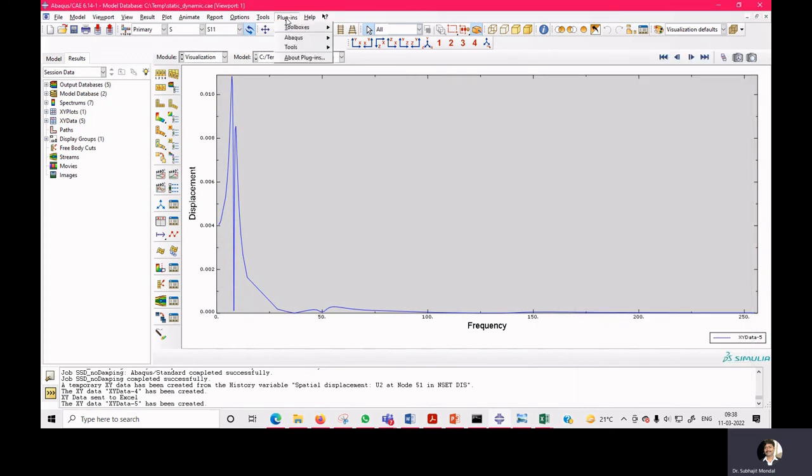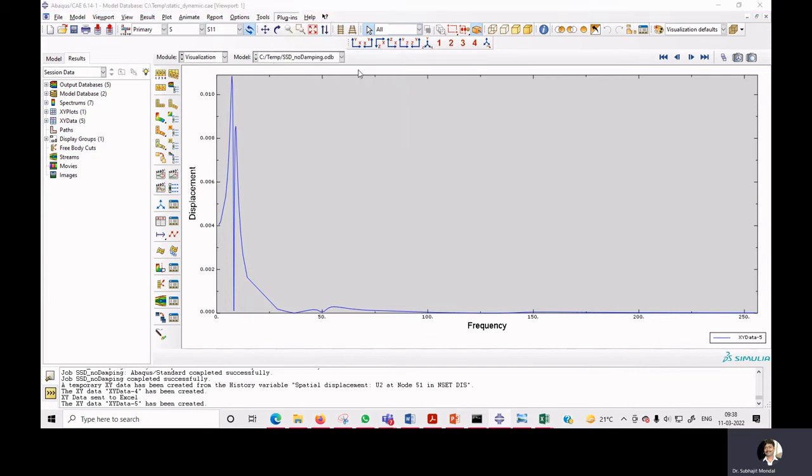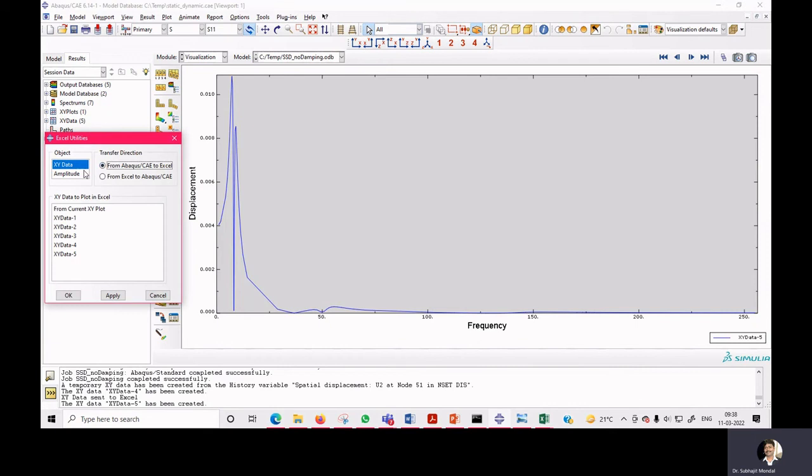Next, what we did, we went to plugin, and then we went to tool, and then here we select XY utilities, and we extract our data as XY data. Since already we have plotted as amplitude, we are extracting as our XY data, and here we have selected data 5. Okay, and we have basically created Excel file.